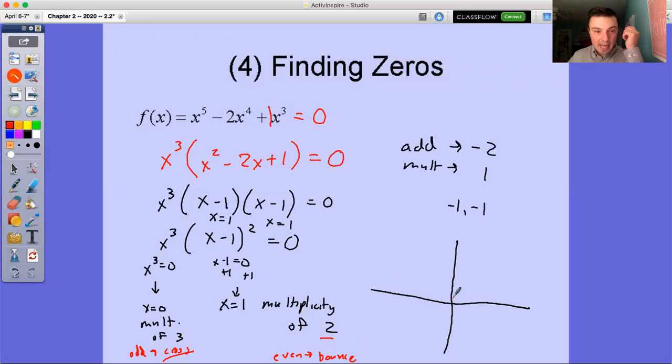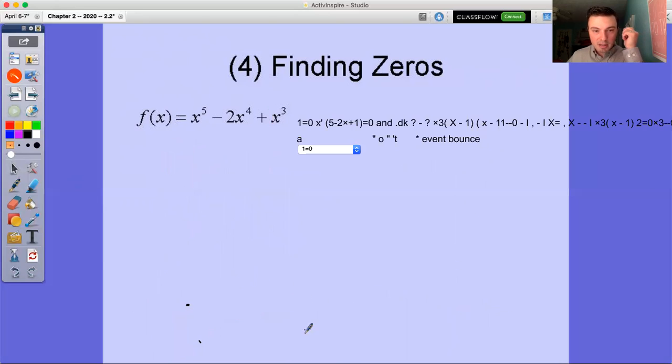So we know we have an x-intercept at 0 and an x-intercept at 1. 0 and 1, those are the two values at which our x-intercepts occur, okay? But because this was odd, we knew it crossed at 0, and it bounces at 1.